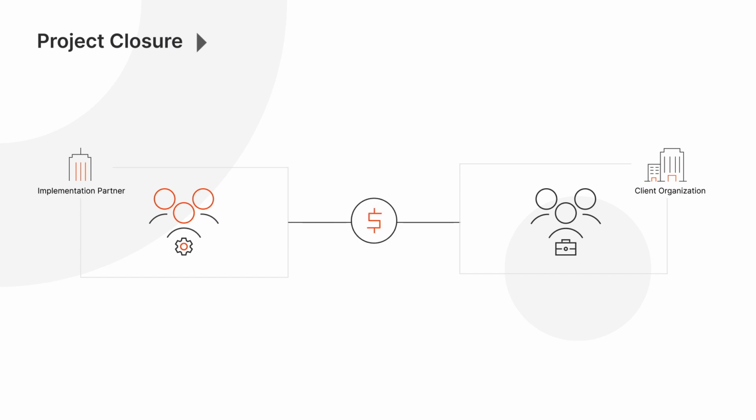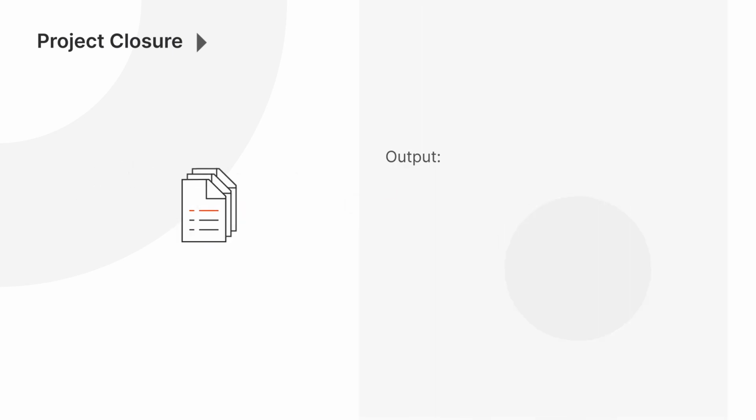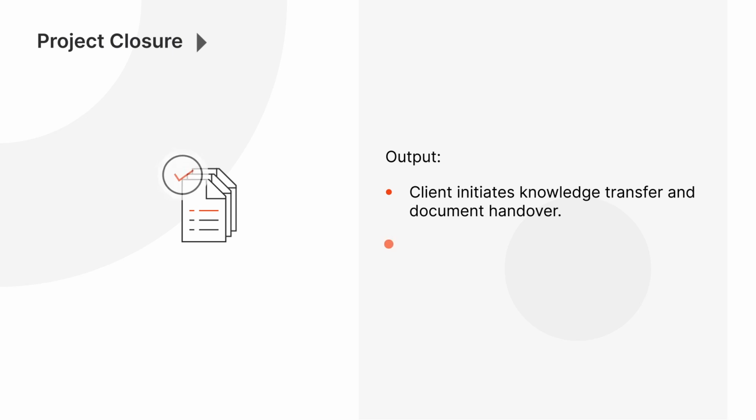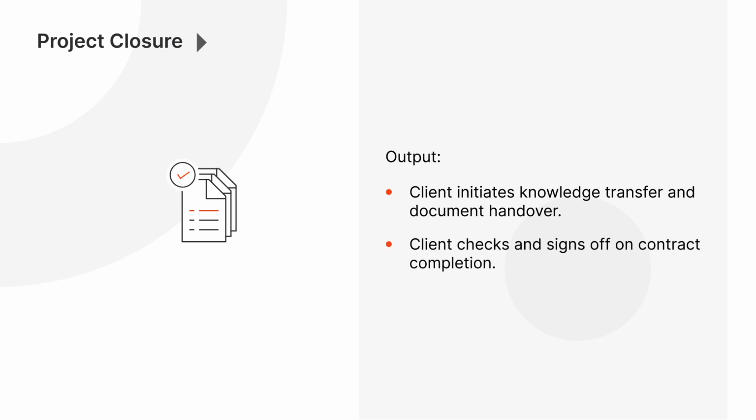For external implementations, the team checks and closes any financial loops. Following the client's review of these items, document handover occurs, and contract completion is signed off. With this, the automation project has been successfully implemented.